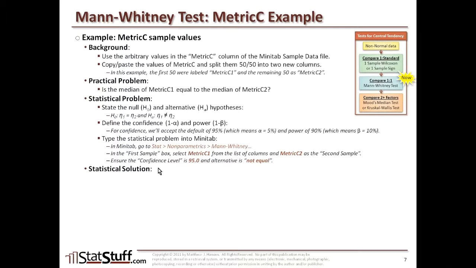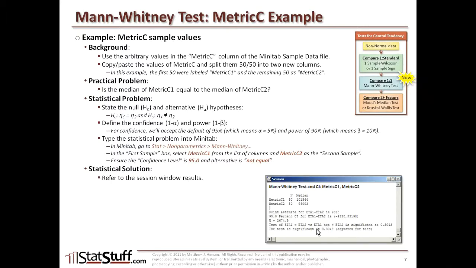So the statistical solution that we have as an output is going to look like this in the session window from within Minitab. The p-value that we're going to be looking for, like we typically look for in most tests, is actually referred to as the test is significant at, and whatever that value is, that is essentially our p-value. In this case, since it's showing at 30%, that's greater than our alpha risk of 0.05, so we're going to fail to reject the null hypothesis.